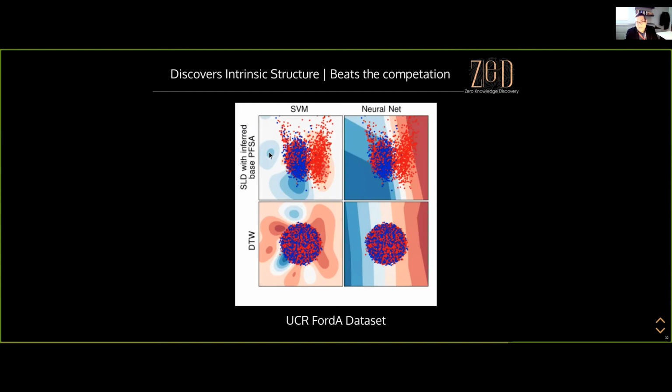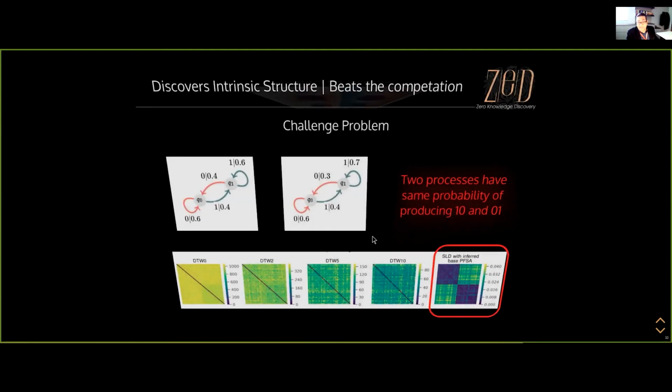You can now use any tabular classifier that you like to solve the classification problem, and you can see that it does separation way better. It's not perfect, of course, but it is way better than what DTW is able to do.